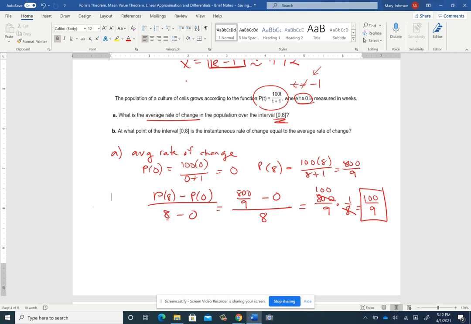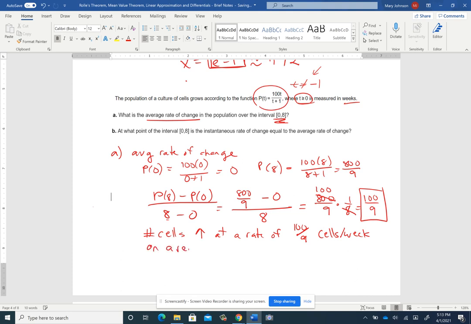Okay, now let's think about what that's saying. That's saying that the number of cells, the population, is increasing because it's positive, at a rate of 100 over 9 cells per week on average.